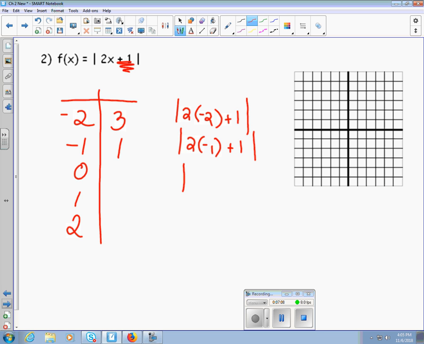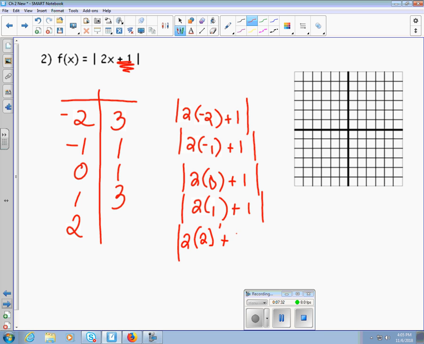When I do 0, 2 times 0, which is 0, plus 1, and then the absolute value of that is 1. That's kind of weird. Didn't have that happen before. 2 times 1 plus 1 will make 3. Oh, that makes sense. Okay. And then I bet if we do 2, we're going to end up getting 5.